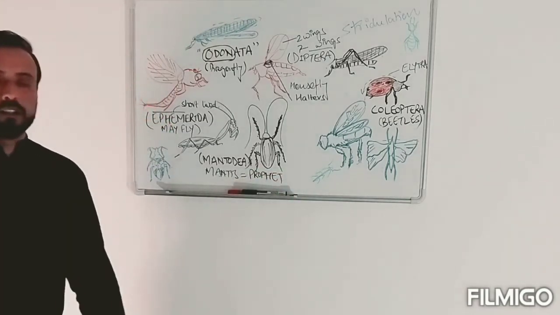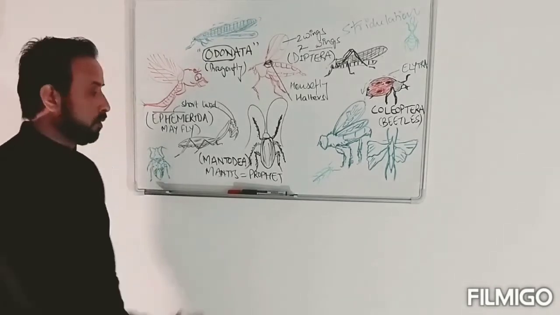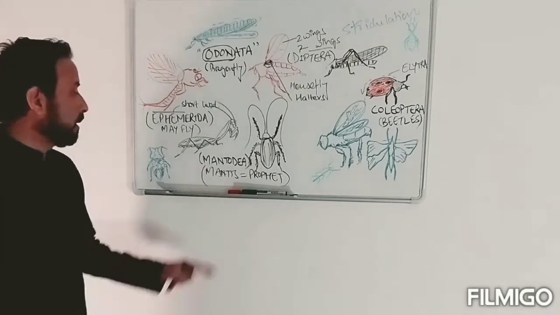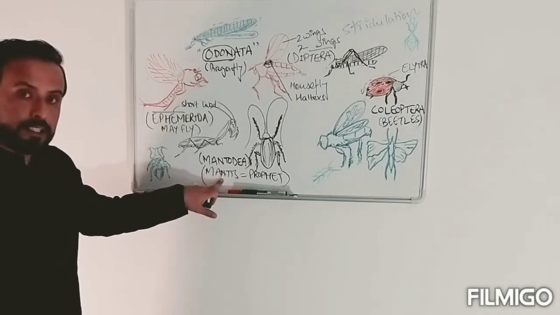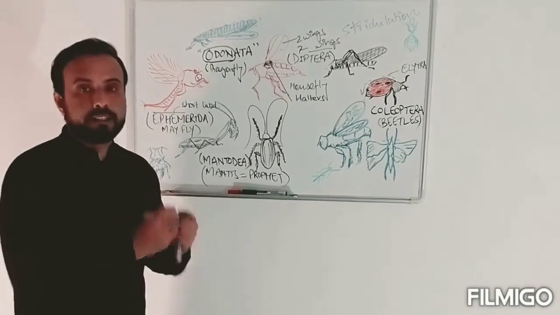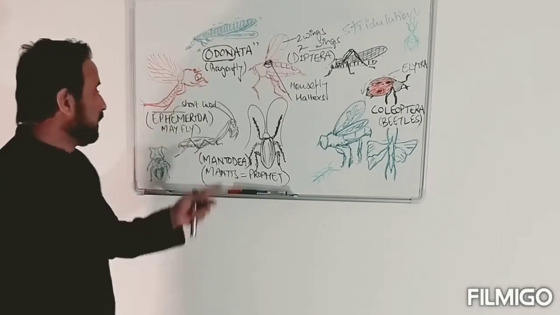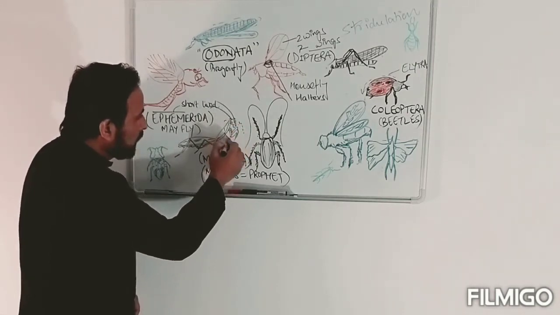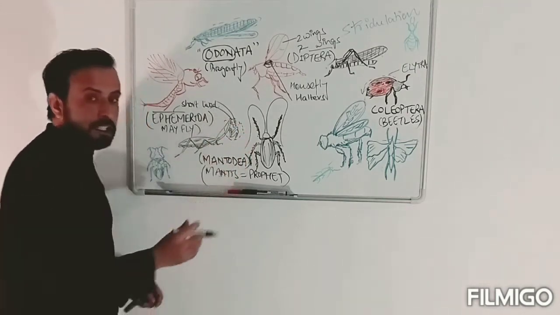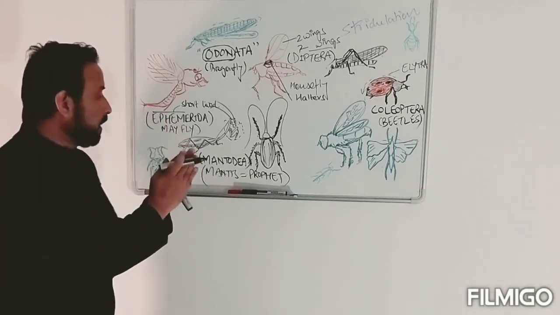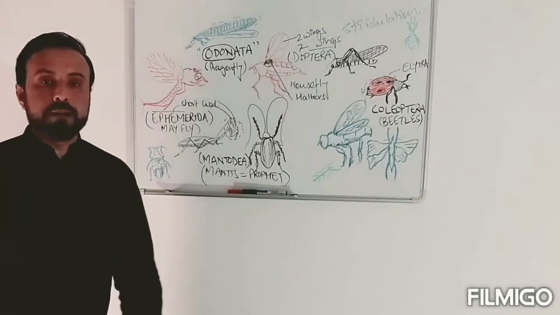Mantis means a prophet, a person who prays to God. If you see the position of the hand here, he's kind of praying like this, right? That is why this is called praying mantis.